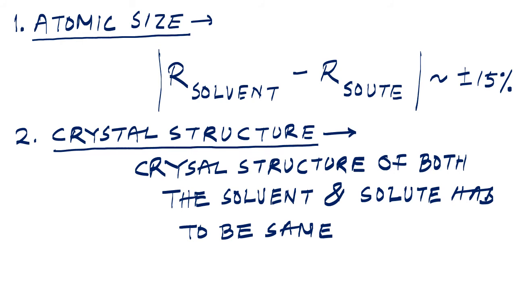For example, let's say a substitutional solid solution formed by copper and nickel.